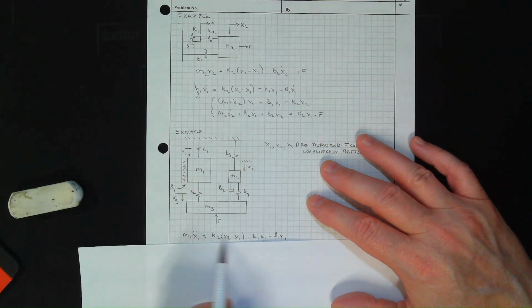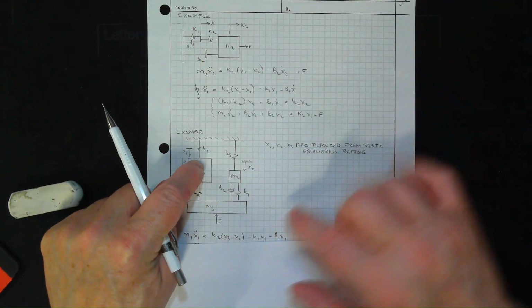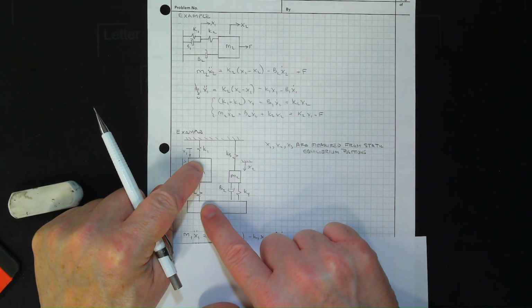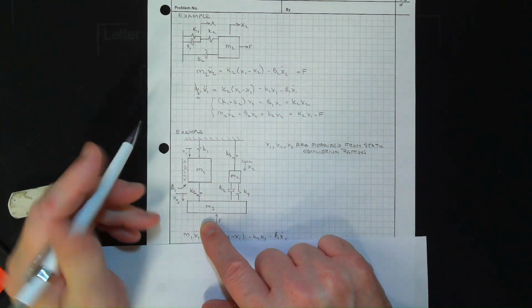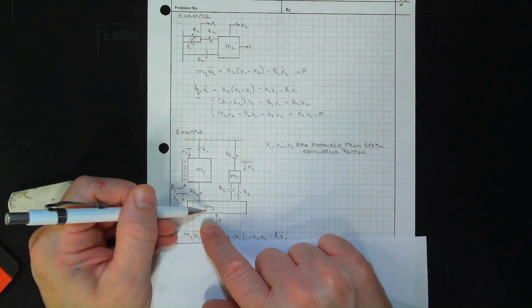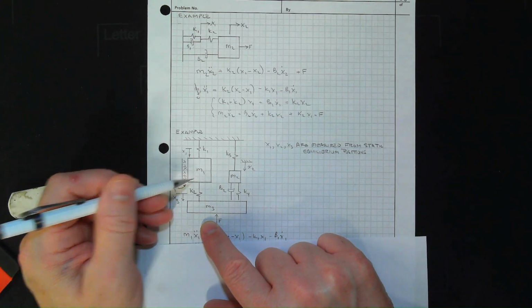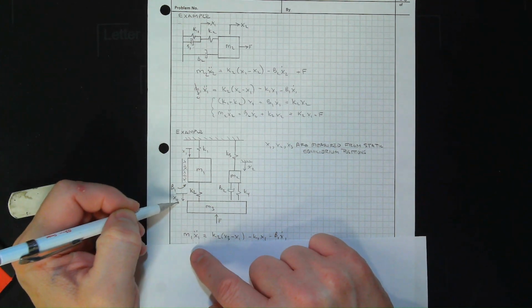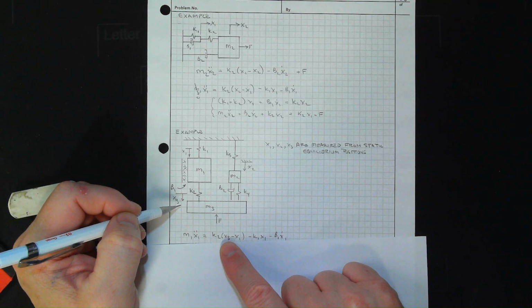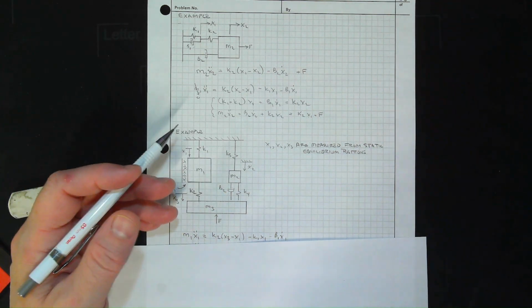If I hold that still, the only mass connected to it is 3. I pull that mass down, and that will want to pull M1 down. When I move M3, M1 will feel K2 X3 coming down, positive.